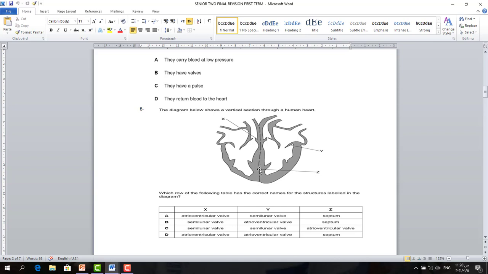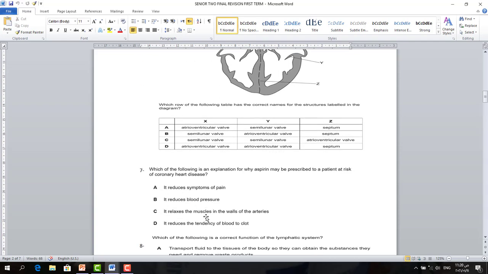This is the septum, Z. So X is the semilunar valve, Y is the atrioventricular or bicuspid valve, and Z is the septum, so the answer is B.